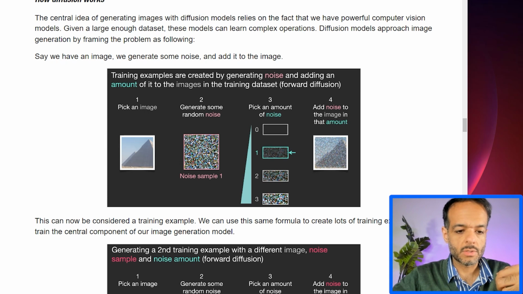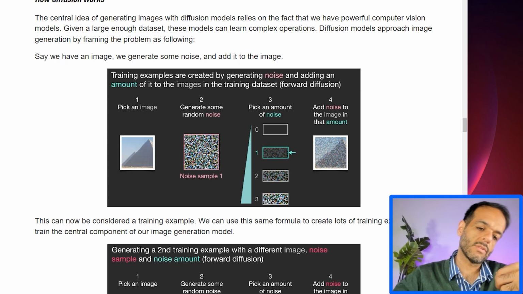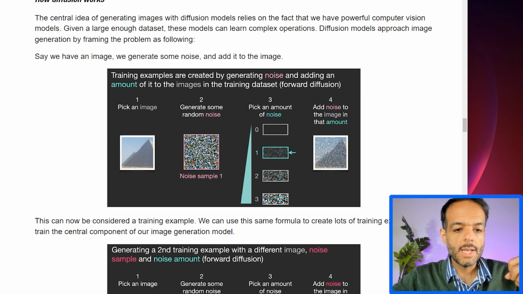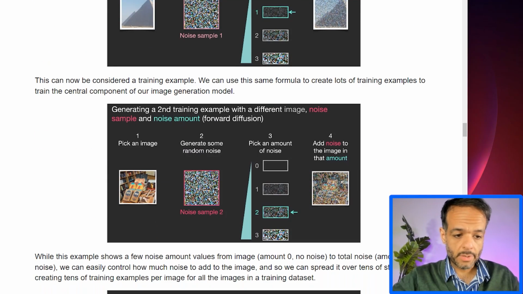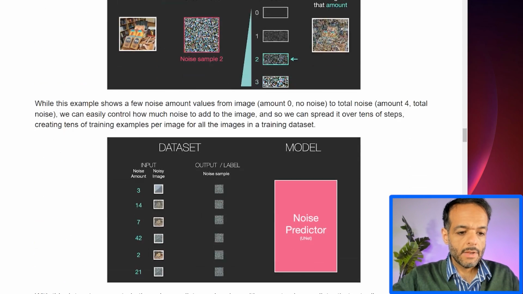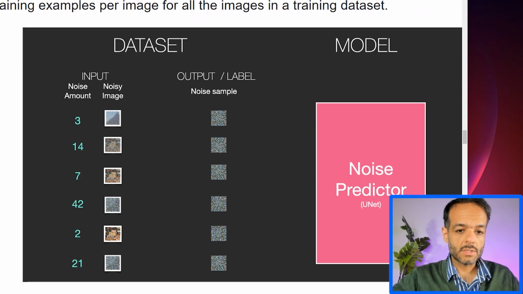So no noise, all noise, and then some levels in between. And then we add that noise to that image in that amount. And that is a training example. We can do that again. Another image, another sample of noise, and then another amount, and we apply that noise in that amount, and then we have another noisy image here. From here, we can create this data set.